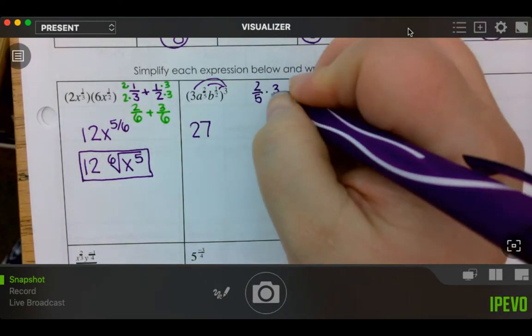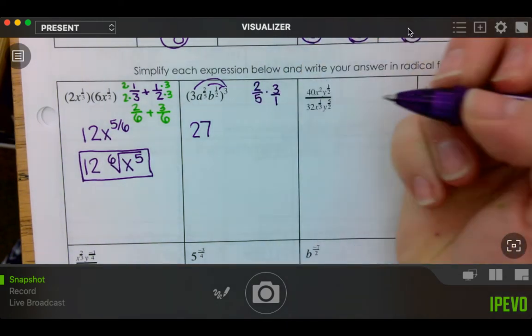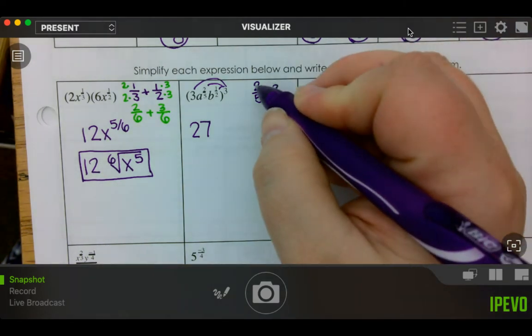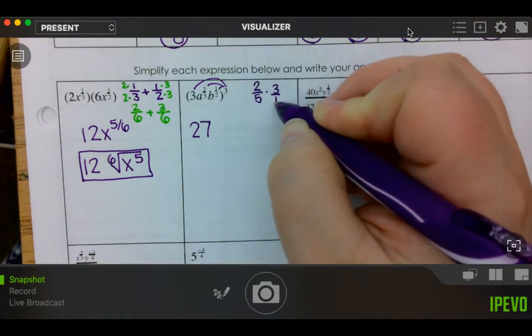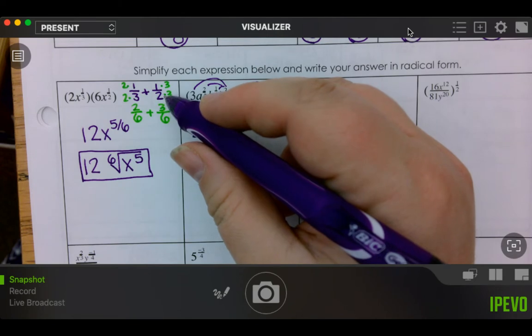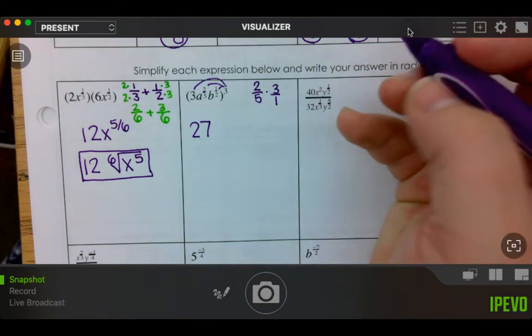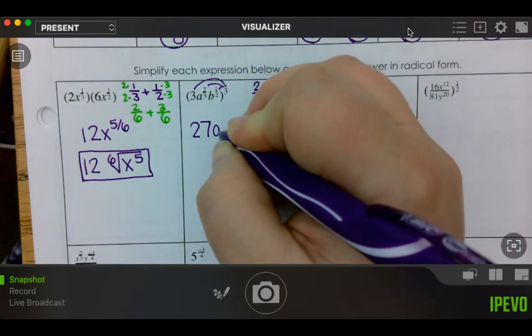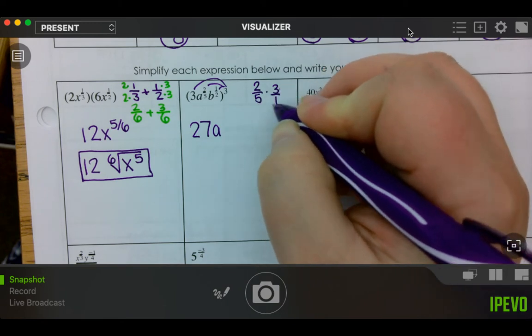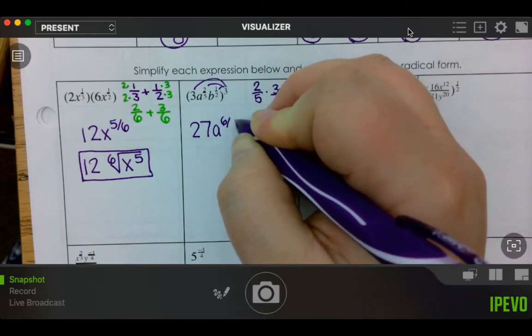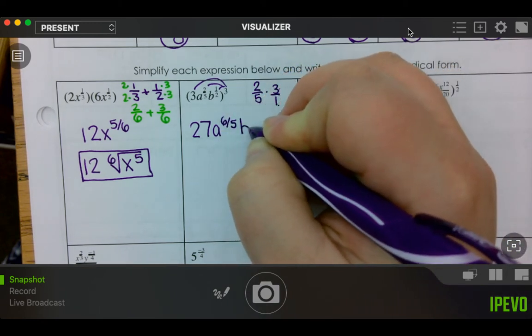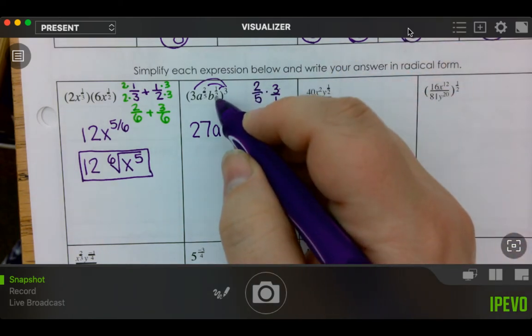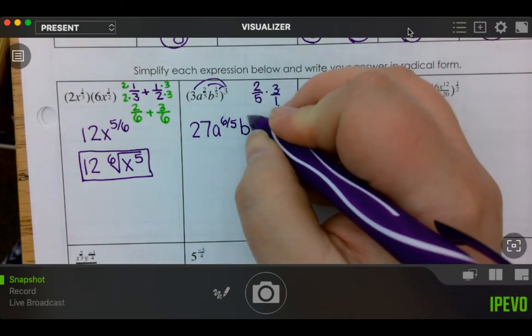If it helps you to put this as 3 over 1, you can. Because what you really need to do is just multiply the tops and the bottoms. When you are adding, you need a common denominator. When you are multiplying, you do not. So that's going to be 6 over 5. And then for b, 1/2 times 3 is simply 3/2.